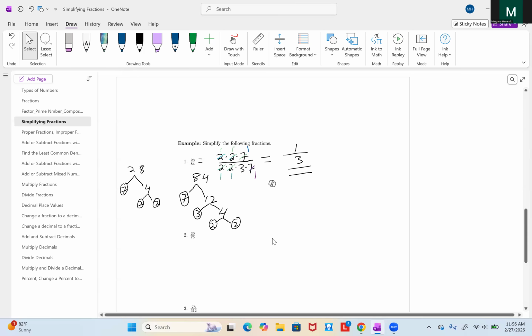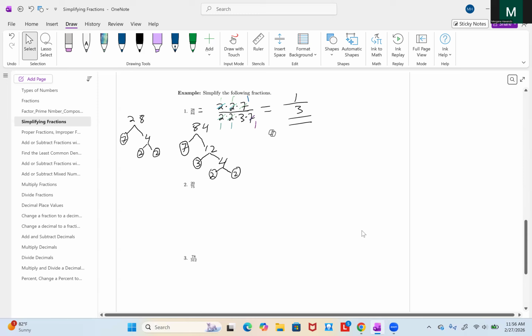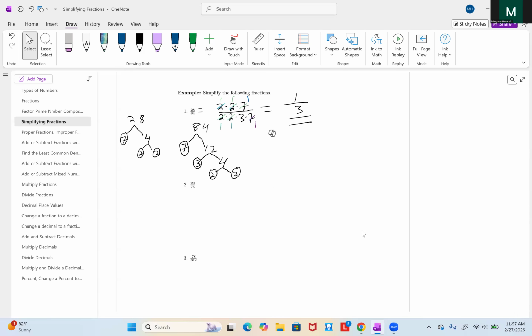Okay, next question. 20 divided by 75, we want to simplify. 20 over 75. 20, break it down into a product of its prime factors, 4 times 5. 5 is a prime number, circle it. 4 is 2 times 2. 2 is a prime number, circle it.